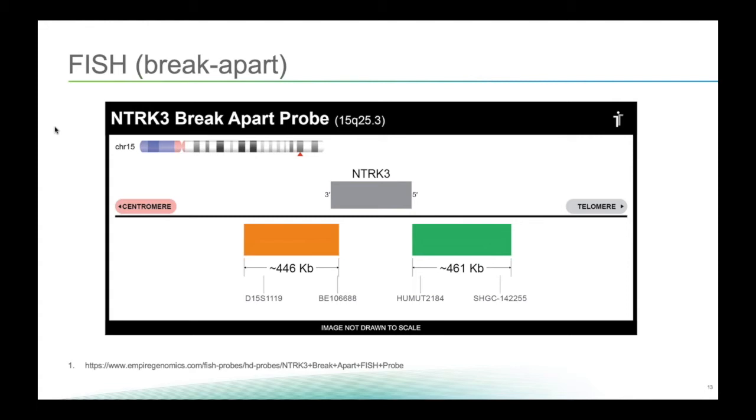It's only when these 2 signals are far away from each other that it gives us the idea there is a fusion with some unknown gene. So we know there is a fusion, but we don't know what the partner is. And that's very clever and good because we can detect novel fusions. We know there is a fusion, but we will never know what the other partner is using this method.